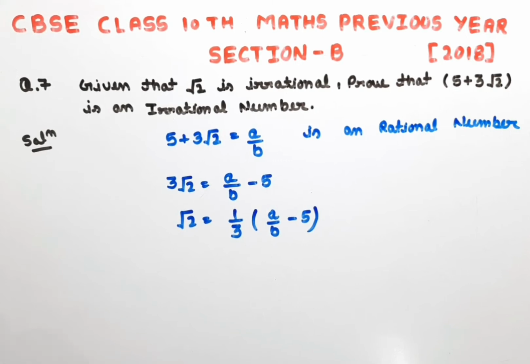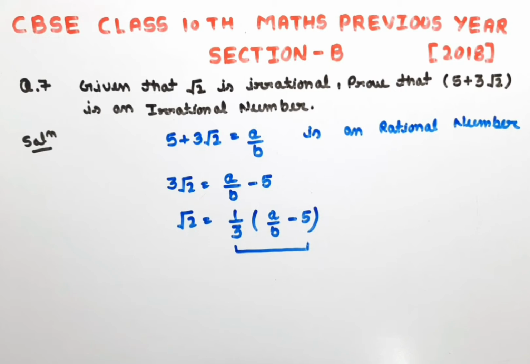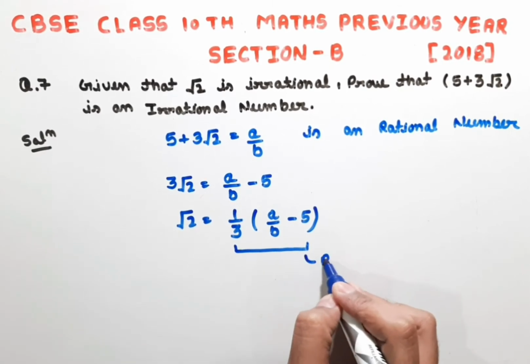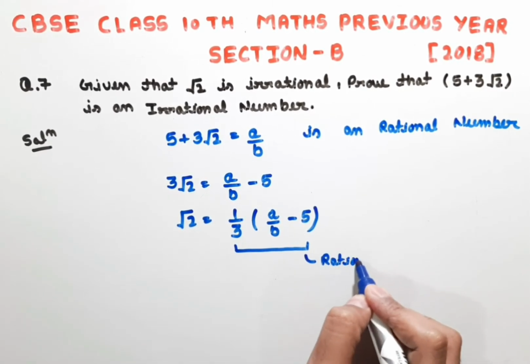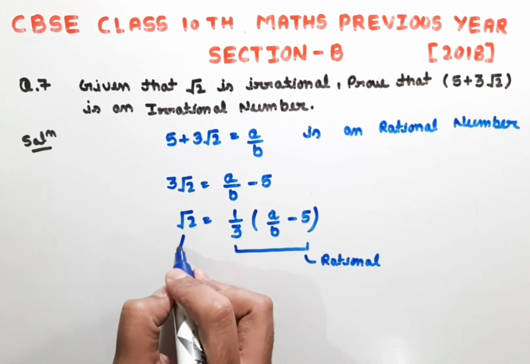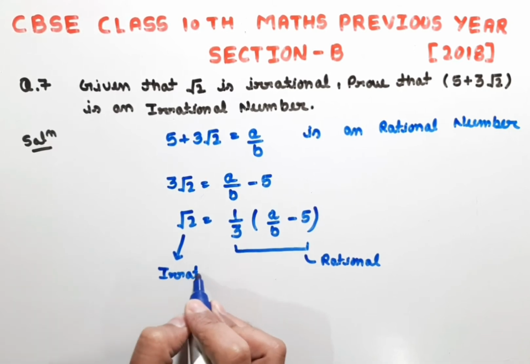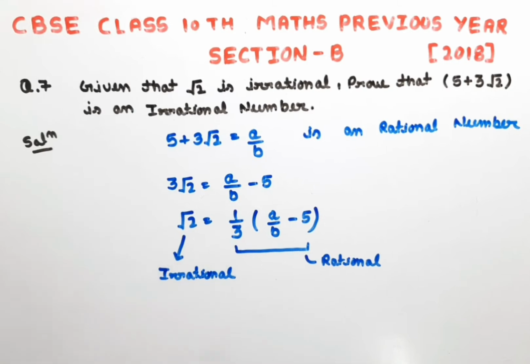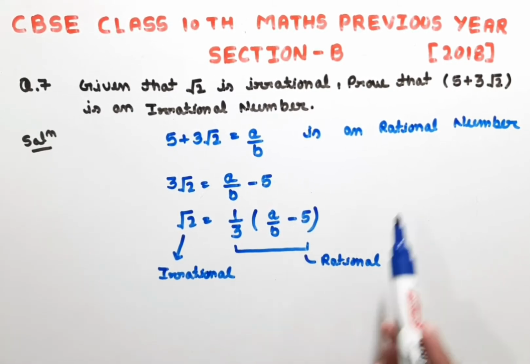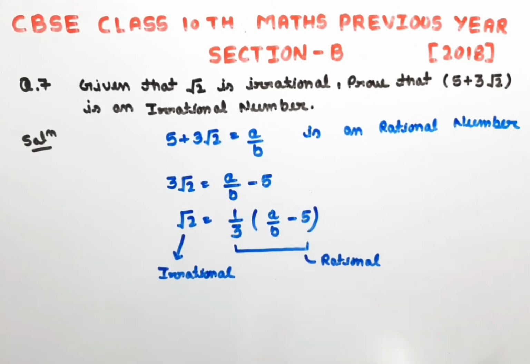Here a and b are integers, so this term will be rational, and we are given that root 2 is irrational. So this is contradicting the fact.